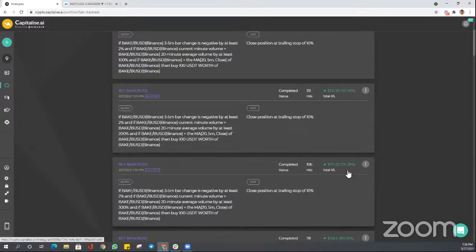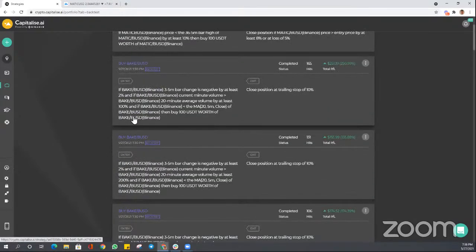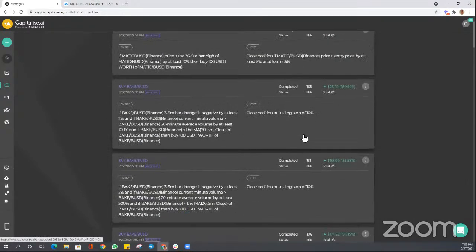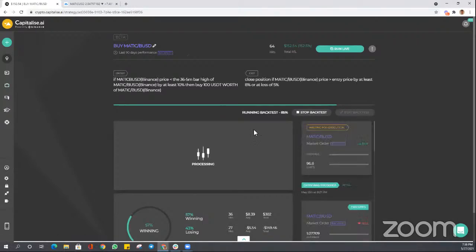And here, this is 300% at 174. Okay, so I think probably here looks like the most P&L, also the most hits as well. So it's something for you traders to take into consideration as well. And while I'm letting this Matic BUSD run here, let's just go into it. It should be close to finishing now.